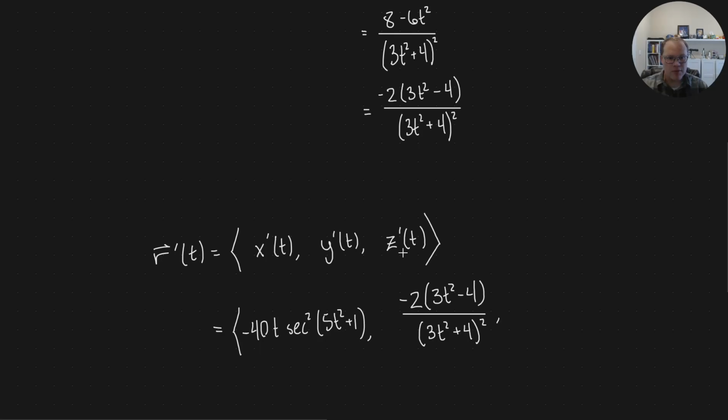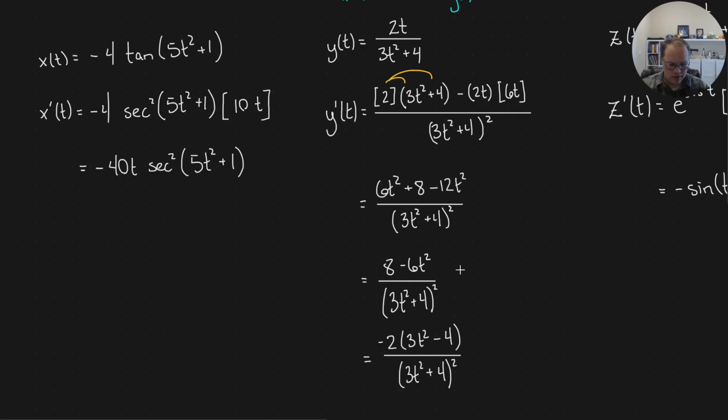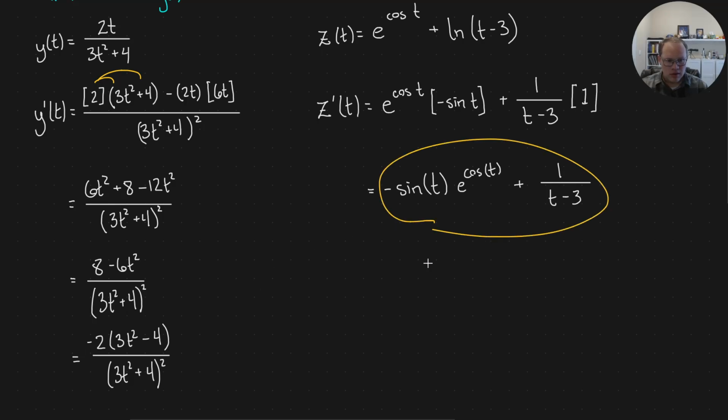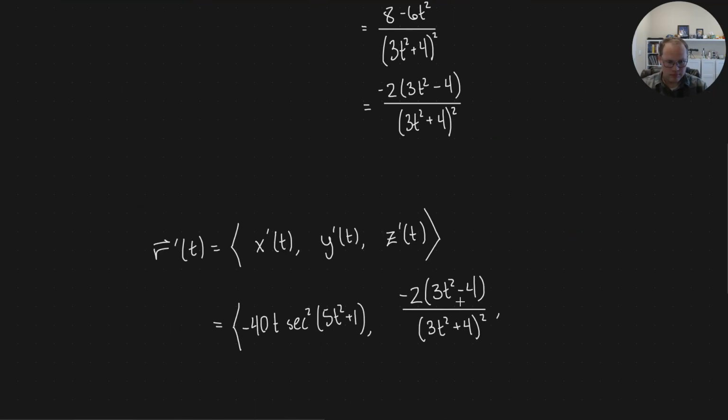And finally, my third component, z prime of t, is negative sine t e to the cosine t plus 1 over t minus 3.